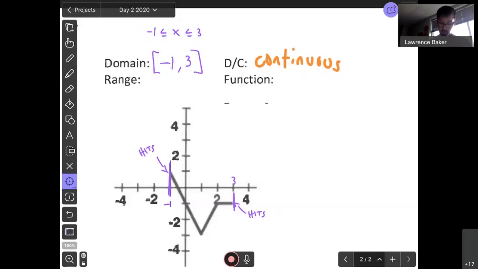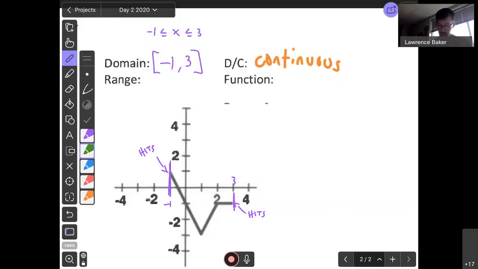I'll show you how to do the range. So remember, with the domain, we went from the left, which is the lowest side, to the right, which is the highest side. With the range, we want to go from the lowest side to the highest side. So we're going to go low to high. Don't go high to low. Okay, so my lowest y value is -3. My highest y value is +1.